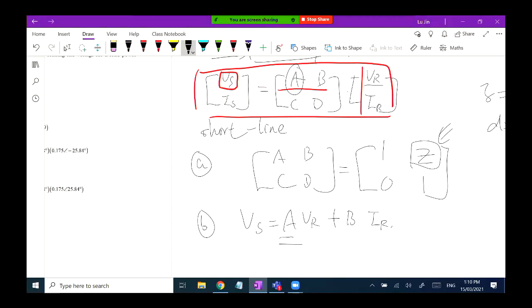A and B are known now. A is 1 and B is the Z solved in part A. So A and B are no problem anymore.